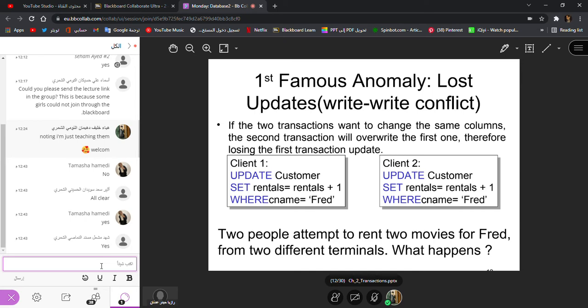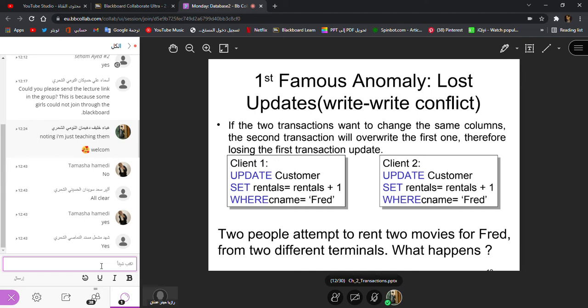One column is always one data element in databases or tables. So he wants to update the customer table and change the column rentals by adding 1: SET rentals = rentals + 1 WHERE customer name is Fred.